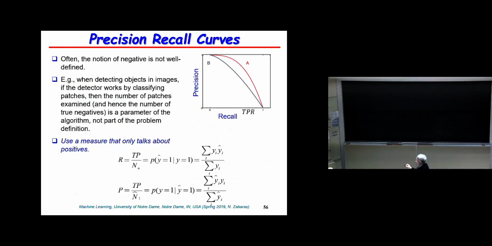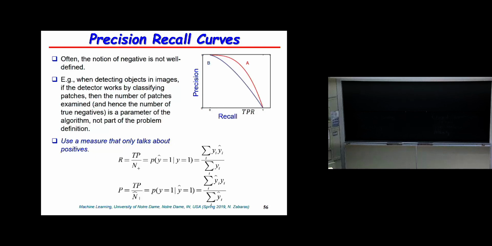So in that case, you need to change the type of curve that you plot for different precisions, and that leads to what is called a precision recall curve, where you plot the true positive rate versus the precision, and here is the definition. The only thing I want you to pay close attention to is that in this type of recognition problem, you only talk about positives, okay?